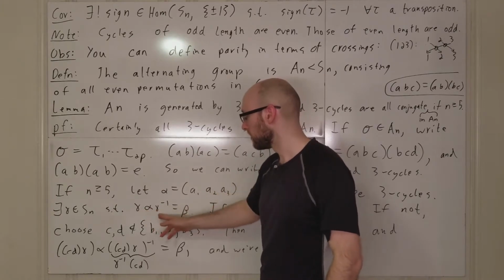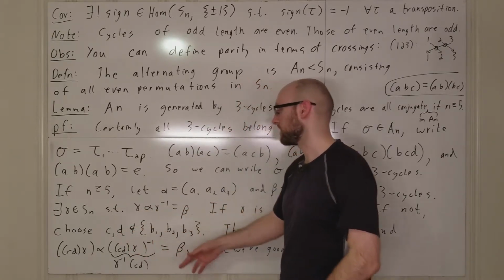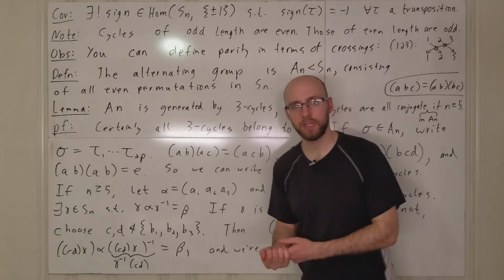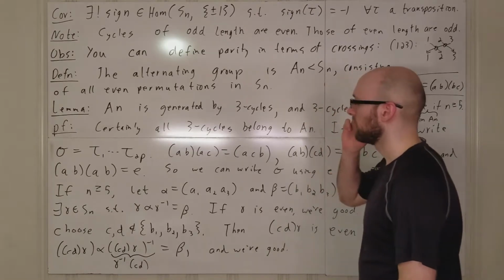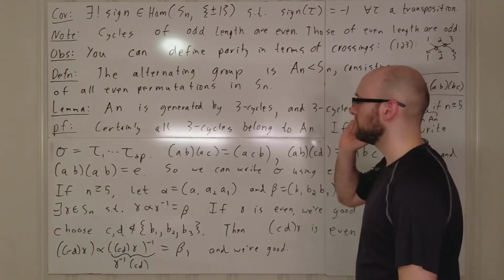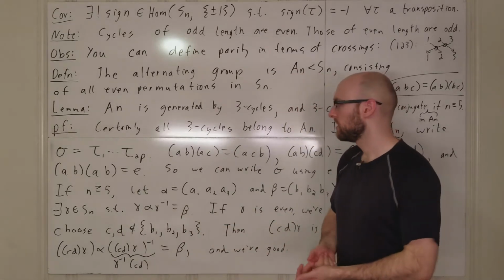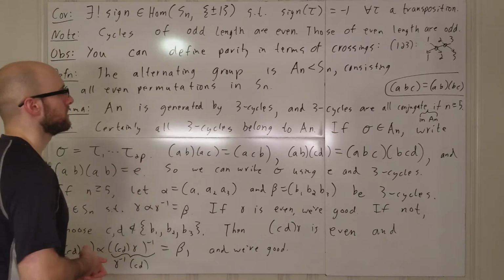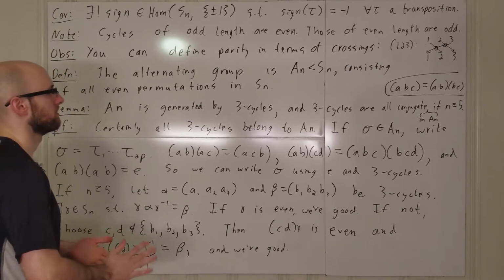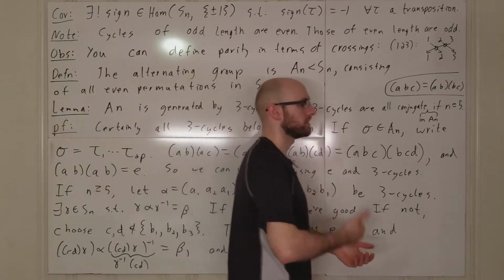That completes our proof. Note that the reason we needed n to be greater than or equal to 5 was that we needed to choose C and D to not be in B1, B2, B3. And you might think, maybe that's just something we needed to do in order to make this proof work. Maybe it's the case that all three cycles are conjugate in smaller n's.